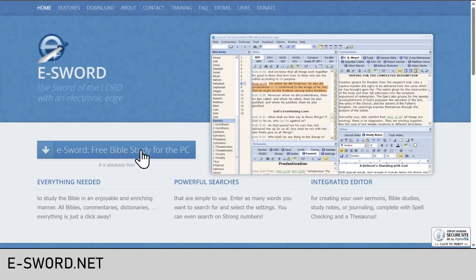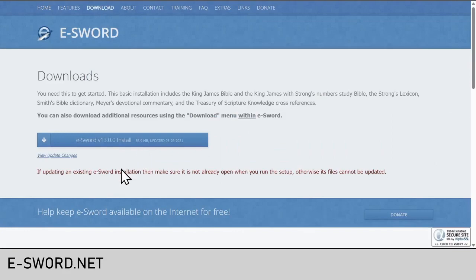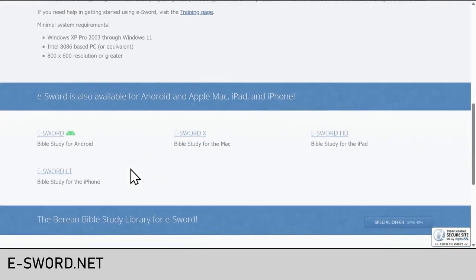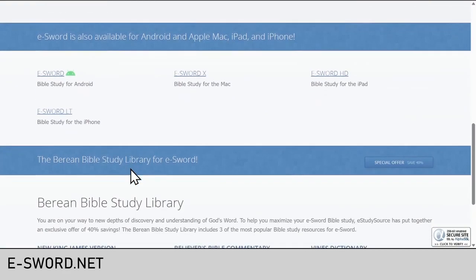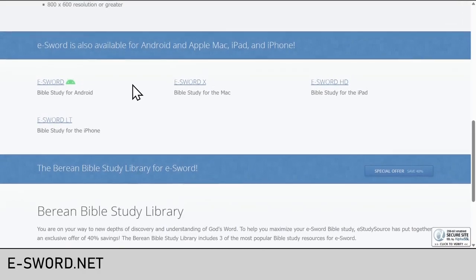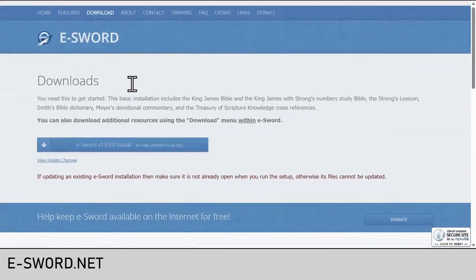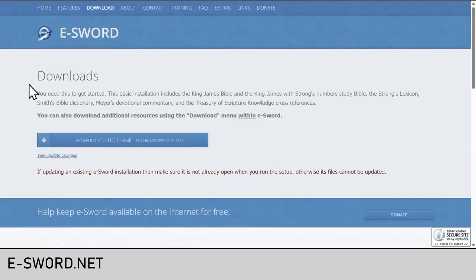So it's only for Windows here. So you click on that, and then you click this again to get the program downloaded, and then you run the installation. But you can get it for Android, the Mac, iPad, and the iPhone. But you do have to pay for all of those, I believe. The one for the PC, the Windows computer, is free.